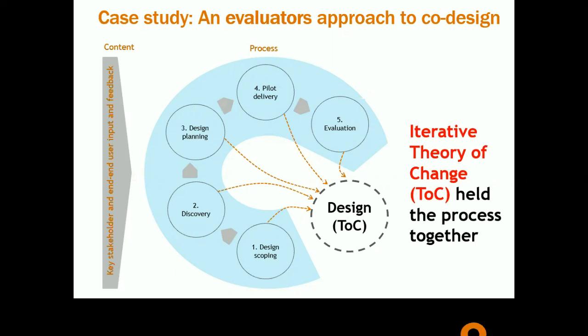And the tool that we found most useful, which I'm going to talk about in a moment, was using an iterative theory of change to hold the whole process together. So we had a dynamic theory of change, or what a lot of people call program logic, that we were building this whole way that held this design together. I'm just going to go through now how we built program logic at each of these steps.